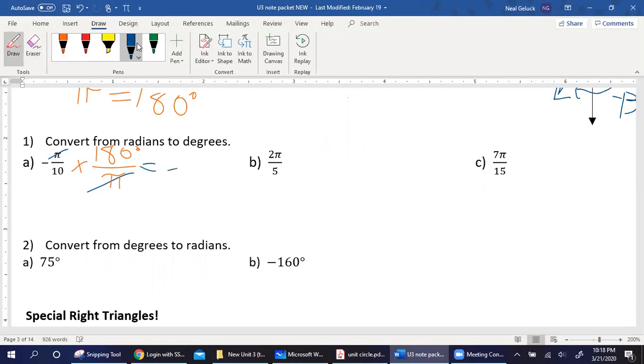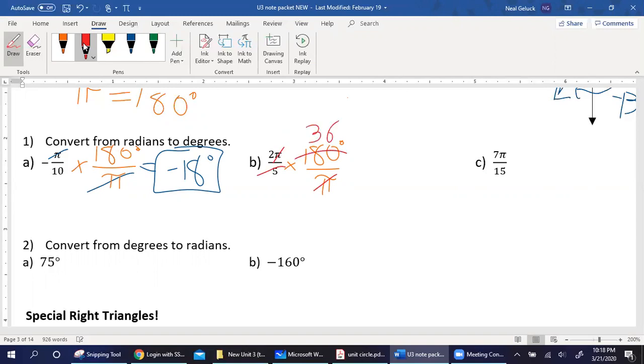So this would turn into negative 18 degrees. Same logic on letter B. I'm going to times it by 180 degrees over pi radians. The pi's cancel. 5 can reduce into 180 36 times. 2 times 36 is 72 degrees.